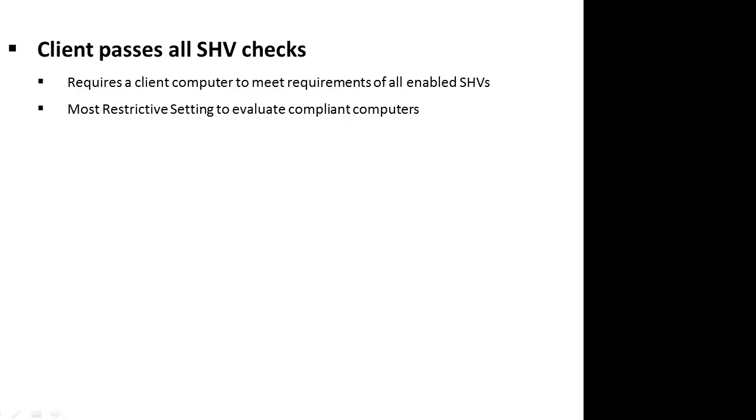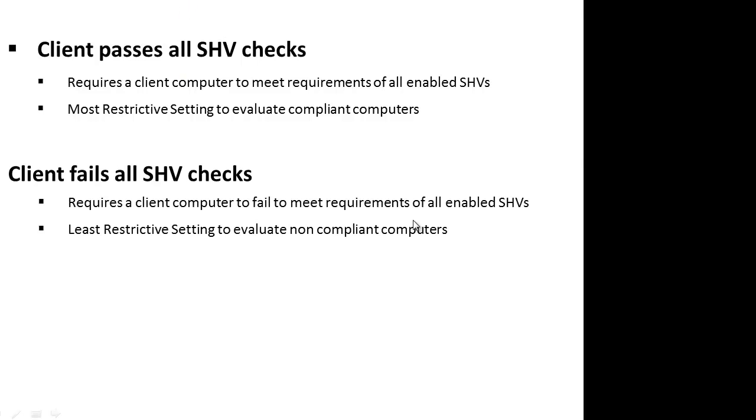The first check that we want to look at here is the one that says client passes all SHV checks. We would want to use this setting to create a health policy that requires the client computer to meet the requirements of all enabled SHVs. And this is the most restrictive setting that you can use to evaluate compliant computers.